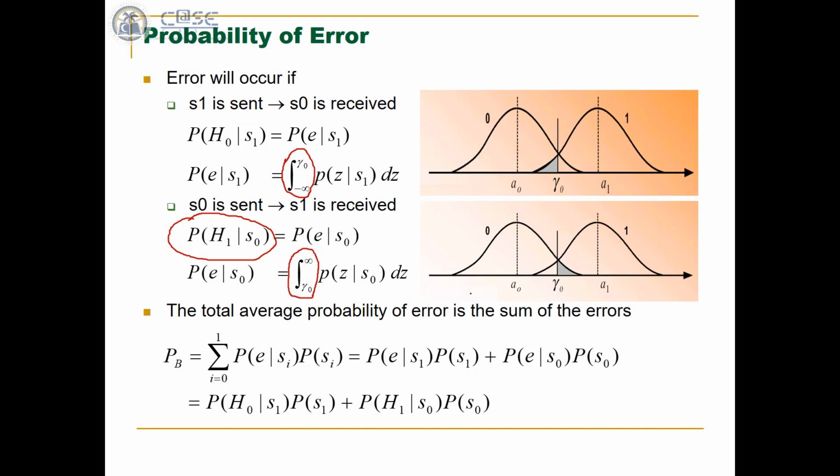So the total average error probability is the sum of these two error events, and they are defined using this formula there. And in general you can use a summation to write it in compact form. That is probability of error given S1 times probability of S1, the number of times that you send that signal, plus probability of error given S0 times the probability of the signal class S0, right?